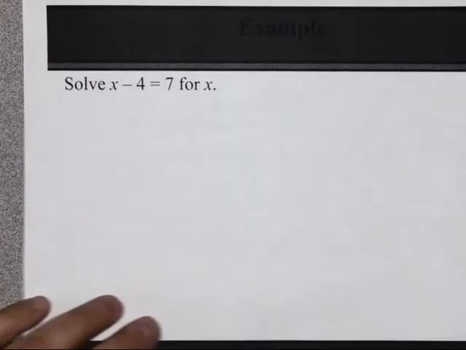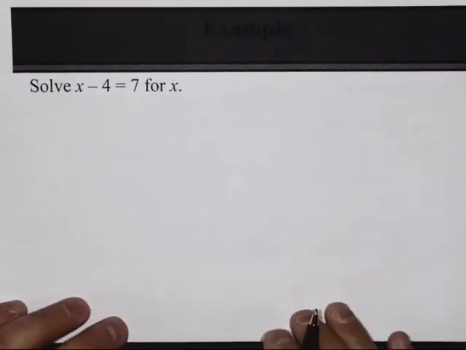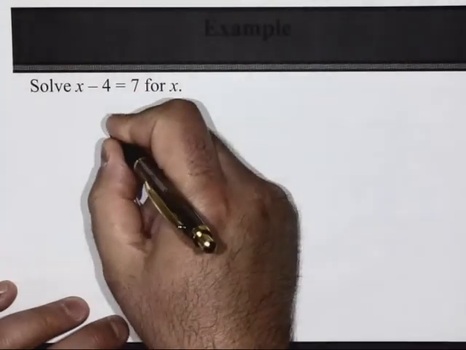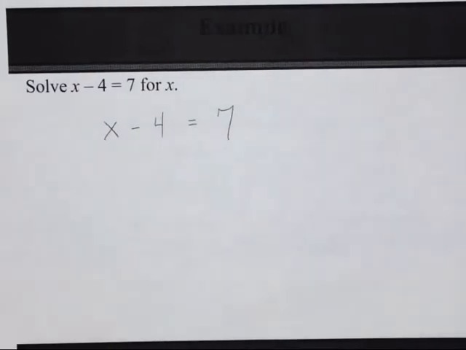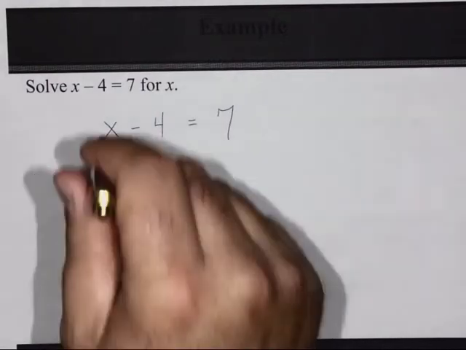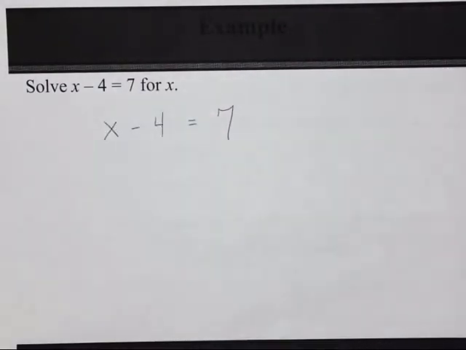So here's an example of that. I'm just going to rewrite this so you can see it a little better. We're essentially trying to find the value for x that I can plug in here, and when I subtract 4 from that value, I get 7. That's the end game. Some of you may be thinking, well, I can just come up with that in my head.